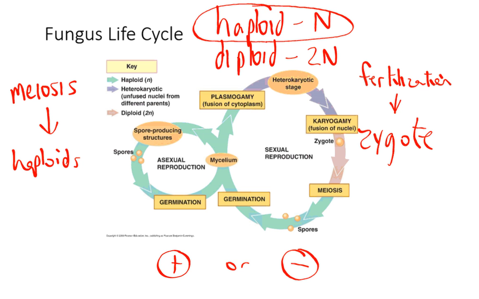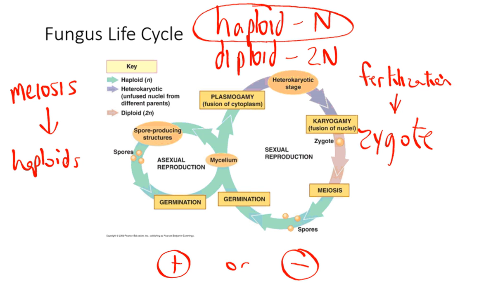So the plus joins with the minus, creates this diploid zygote, and then the diploid zygote goes through meiosis in order to get back to the haploid state and to continue to grow in the haploid state.